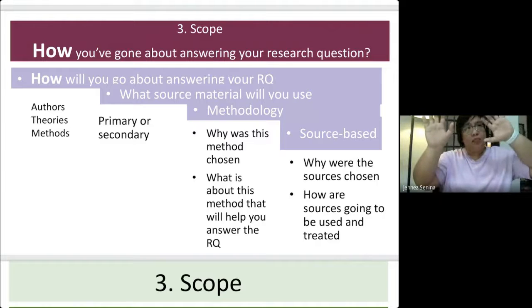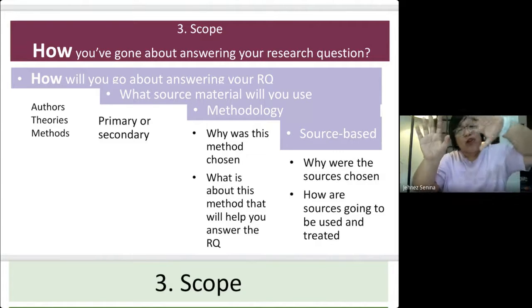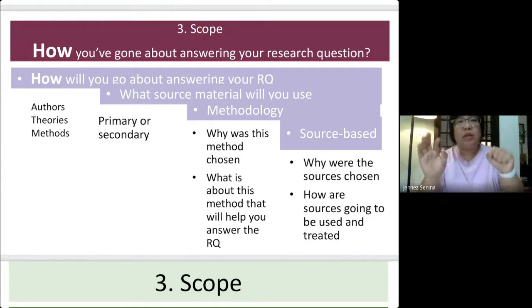Are these good authors that I can read to answer my research question? Do I have enough business tools here to answer my research question? So make sure that however you're answering your research question is enough and appropriate.